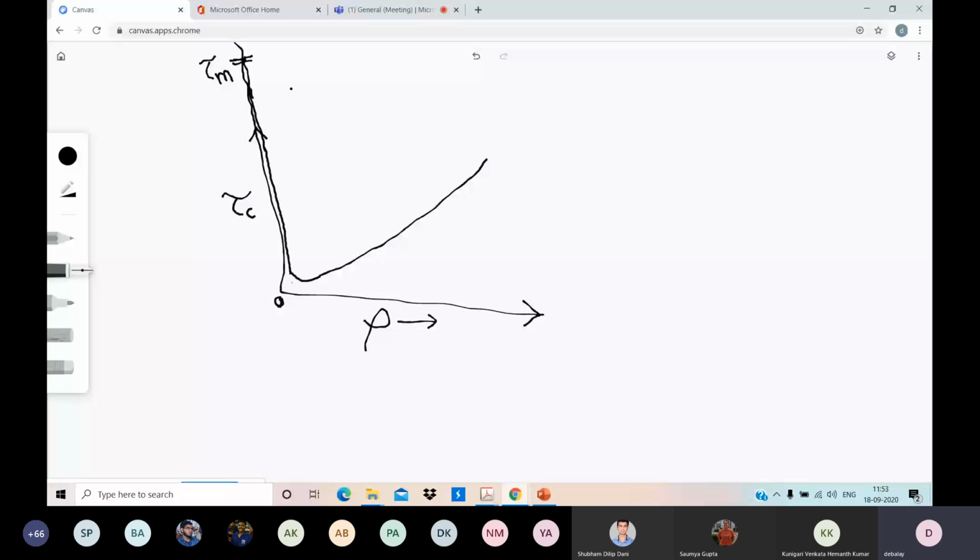Then when there is one dislocation, the problem is depending on where that dislocation is located, that plane may be a slip plane, that plane may not be a slip plane. So that is the issue if there is one dislocation.